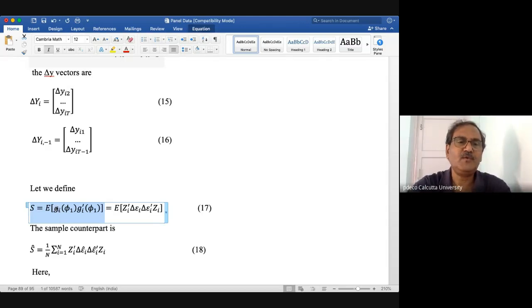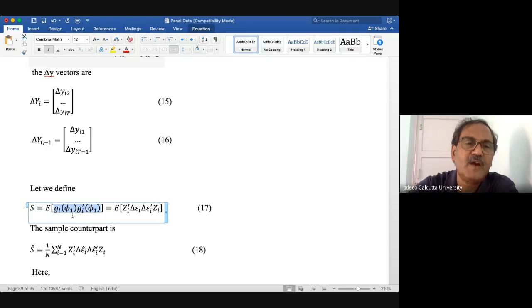If you look at this expression, it is basically a matrix formed by gi of phi 1 multiplied by gi prime of phi 1. So this matrix is obtained by considering all the moment components.